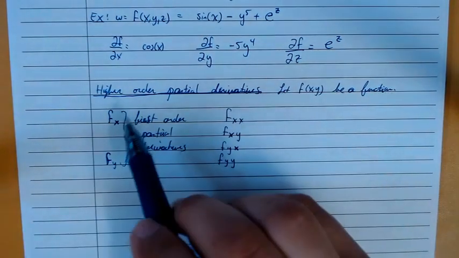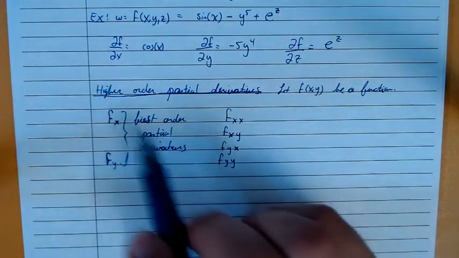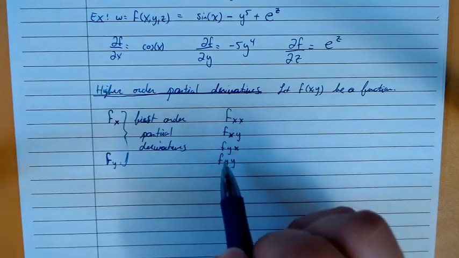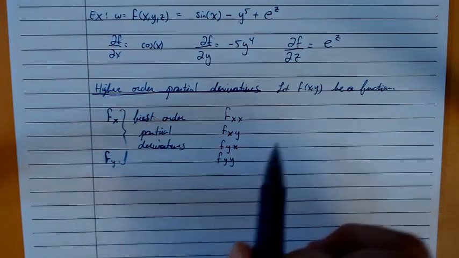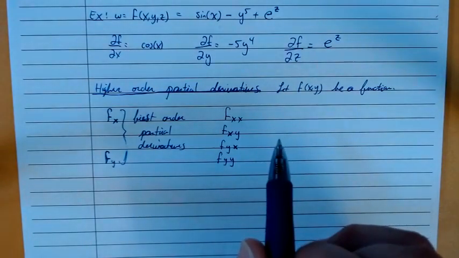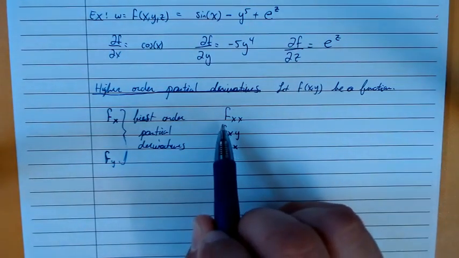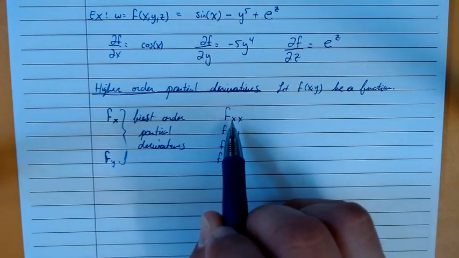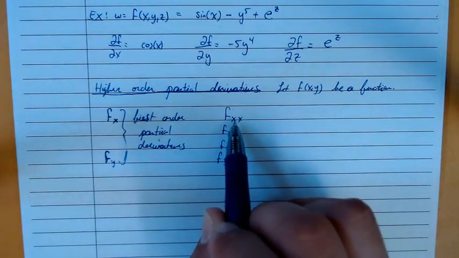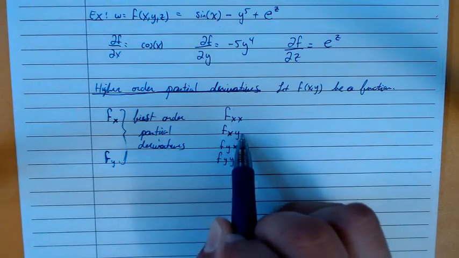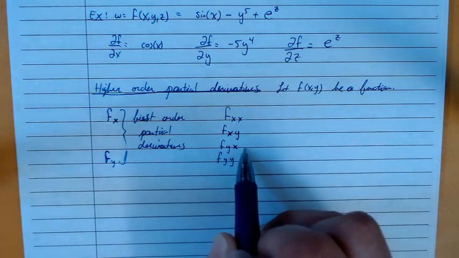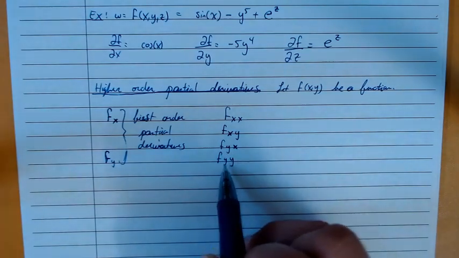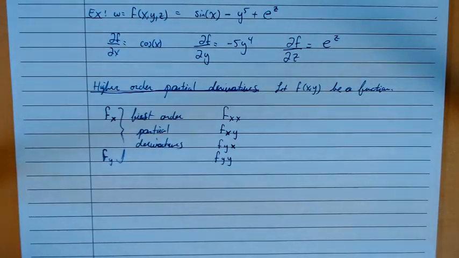So notice there are two first order partial derivatives. There are four second order partial derivatives. You'll keep doubling. If you need a third order partial derivative, well, there's going to be 8 of those. Because you could say xxx, xxy, xyx, xyy, yxx, yxy, yyx or yyy.